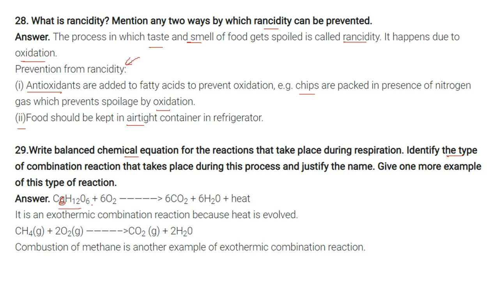So this C6H12O6 combined with oxygen forms carbon dioxide and water, and heat is evolved. So it's an exothermic reaction because heat is evolved. You see, methane combined with oxygen forms carbon dioxide and water, and this combustion of methane is again one more example of an exothermic combination reaction.